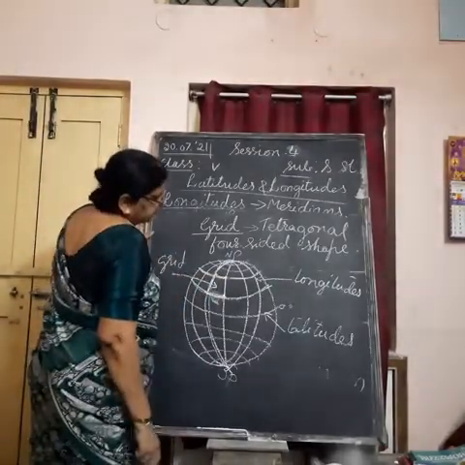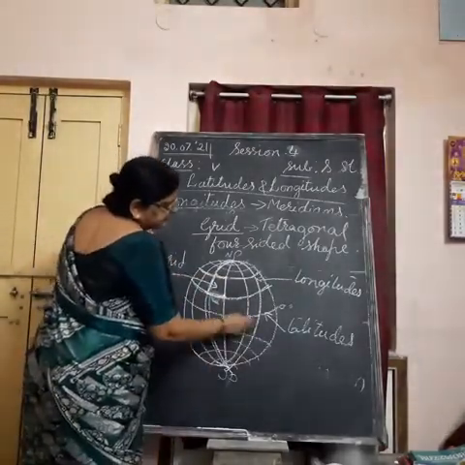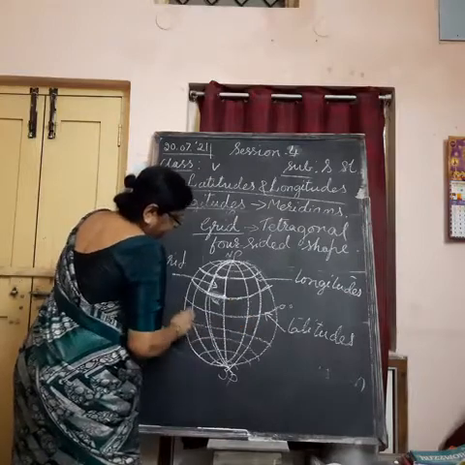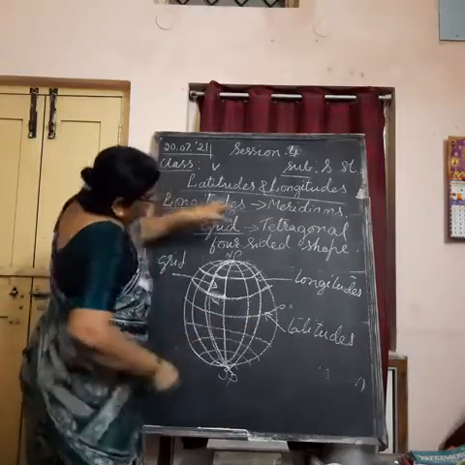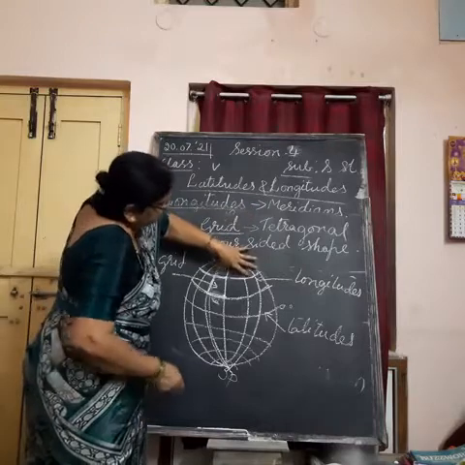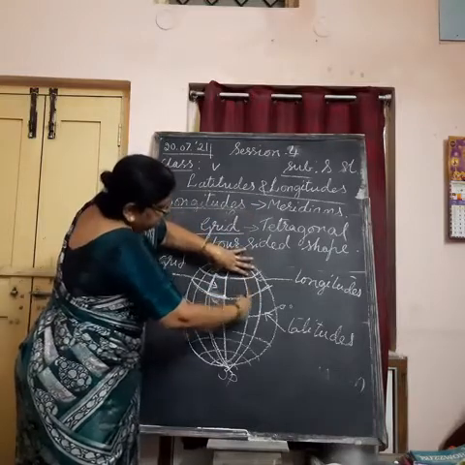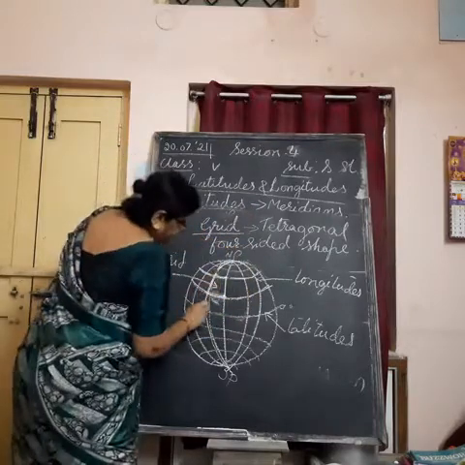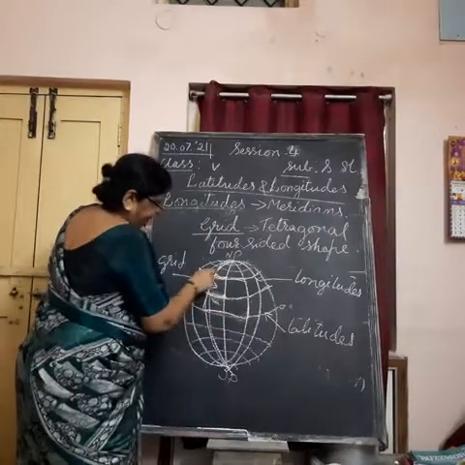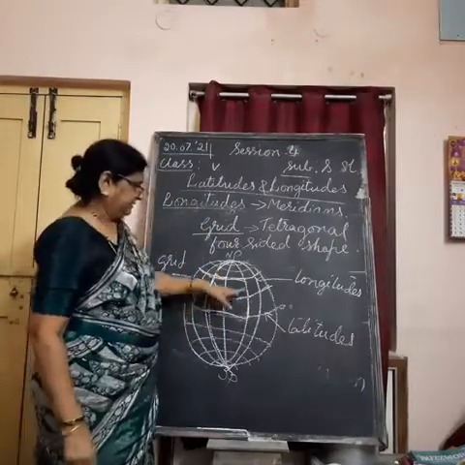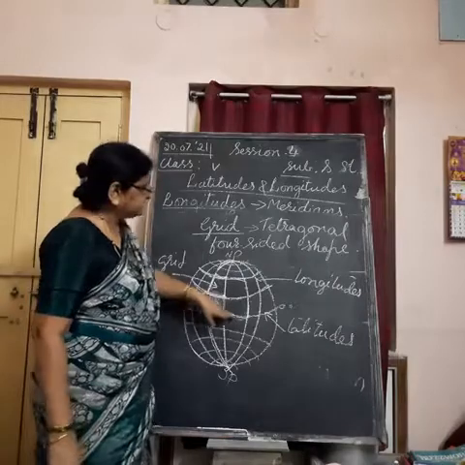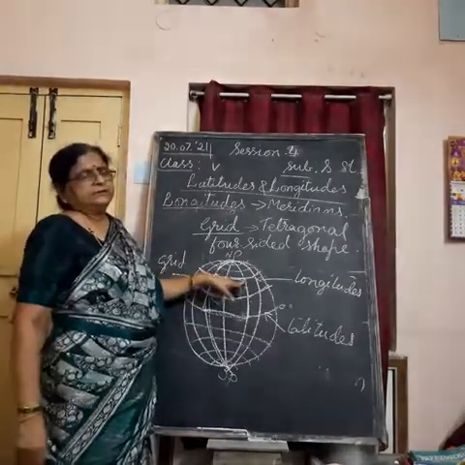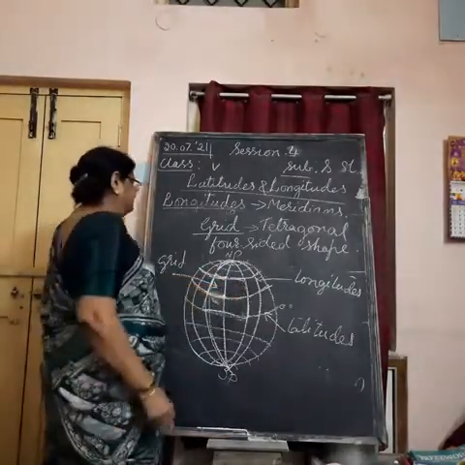Now you can see here, this is smaller and this is bigger. Such a big grid also you can see. Here this size is different.